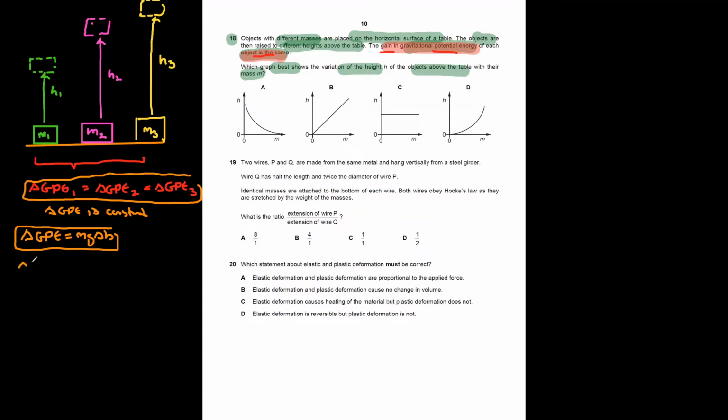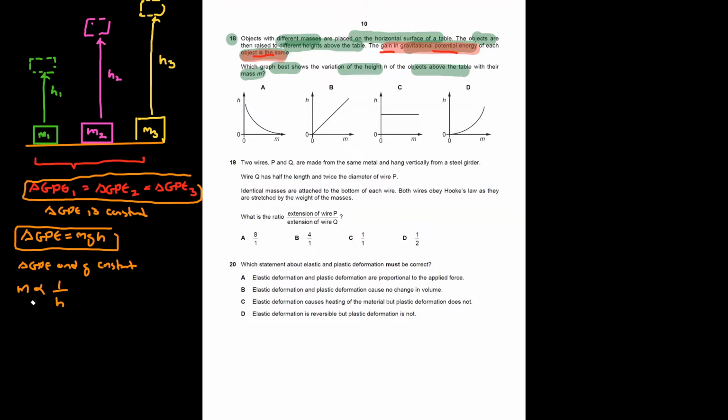So I can say this: change in GPE and g being constant, I will get mass is inversely proportional to height. Maybe I should just write this as h, because h here is already the change in height following your question. So mass is inversely proportional to height.